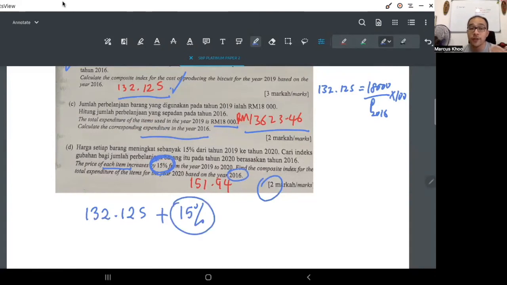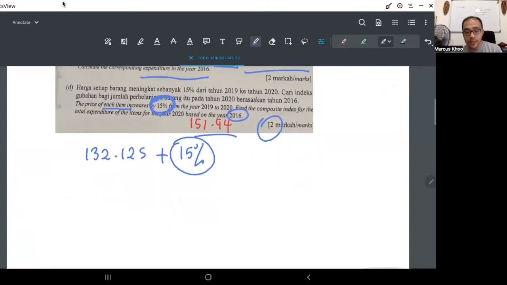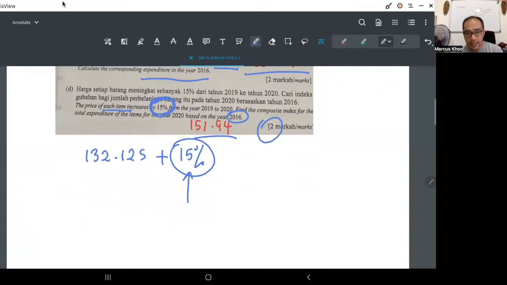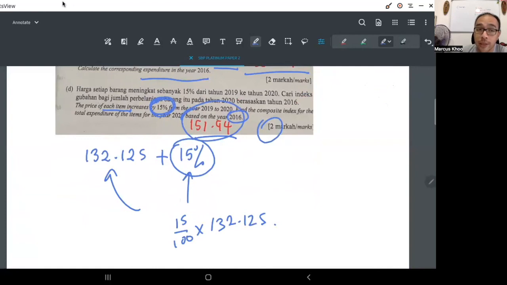So first count the 15% lah. 15 over 100 times 132.125. Then you add it together with the 132.125 and you should get 151.94.